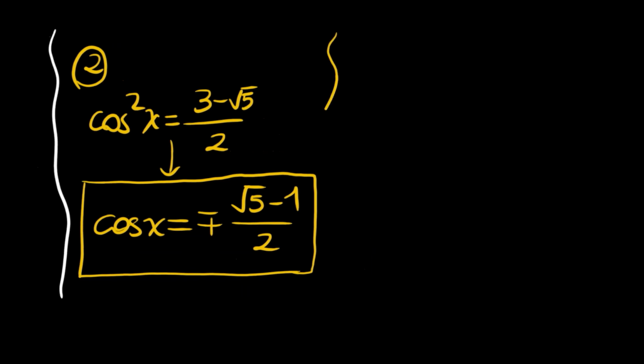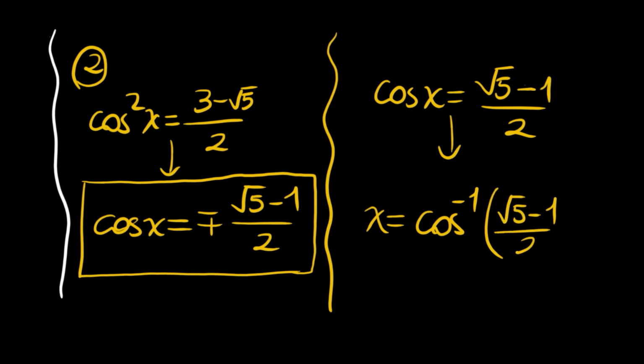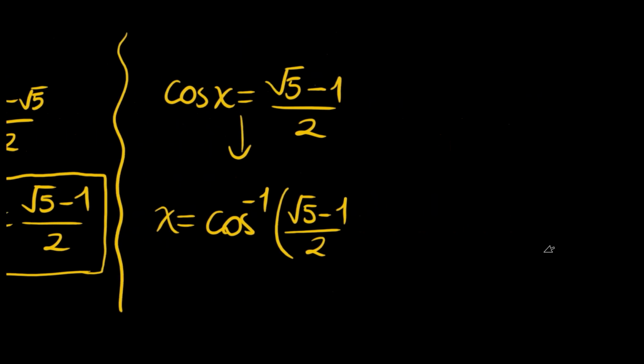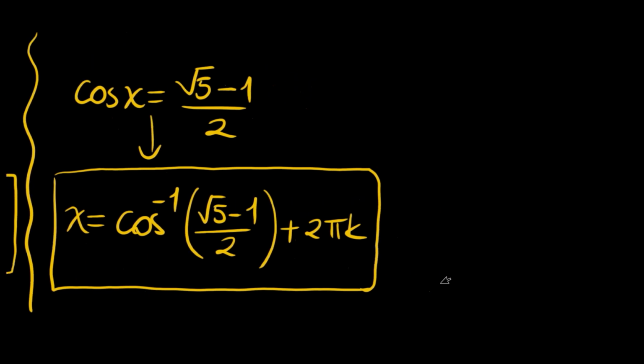Let's write. We can find the first solution from cos x is equal to root 5 minus 1 divided by 2. Then x is equal to arc cos or cos inverse of this root 5 minus 1 divided by 2 plus, say, 2 pi k, for k being any integer, and let's call this A part.